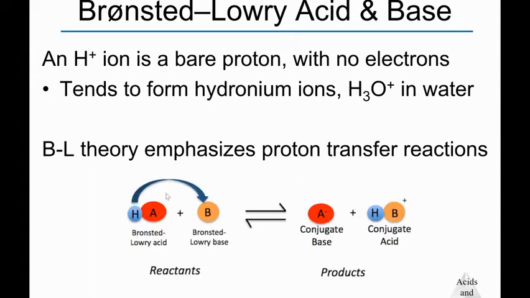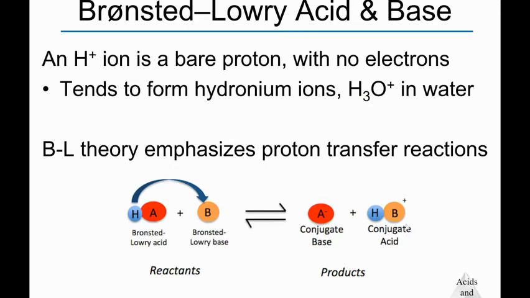And so you can see right here, the Bronsted-Lowry acid in this picture is transferring a proton to the Bronsted-Lowry base. And then since this is an equilibrium reaction, we have the products on the right-hand side, but we also see we have what we call a conjugate acid here with a proton and a conjugate base.